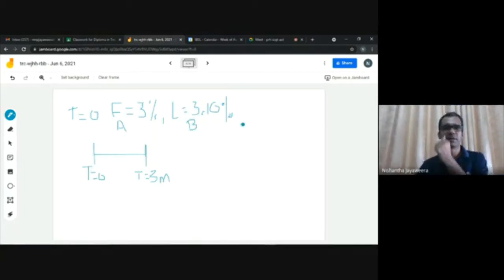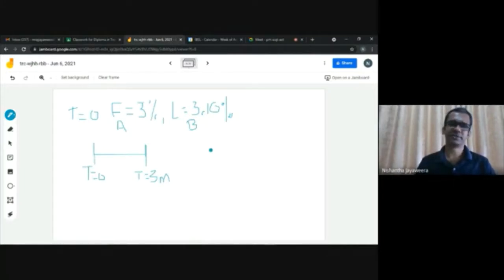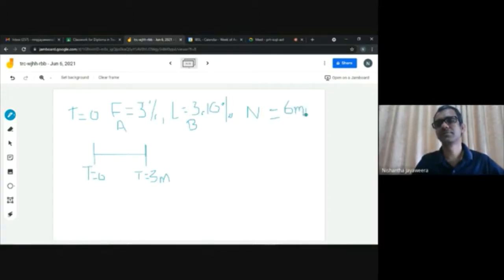So after 3 months, which party has the obligation? Notional amount is 6 million. Who pays to whom? Does party A make the payment or party B? What is the amount?